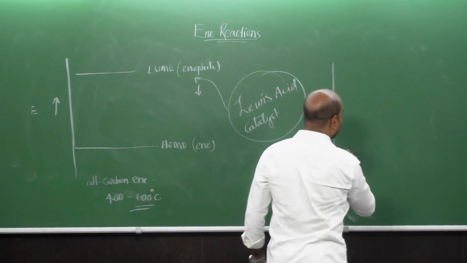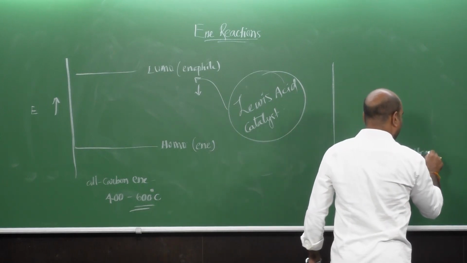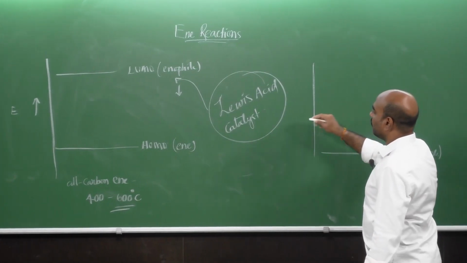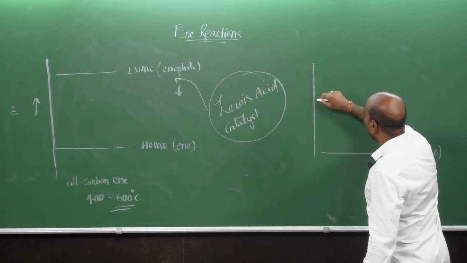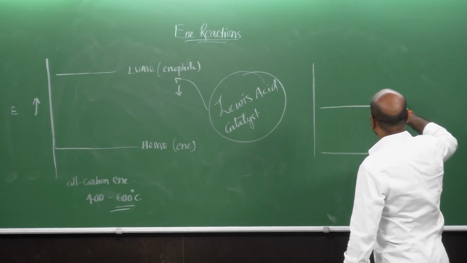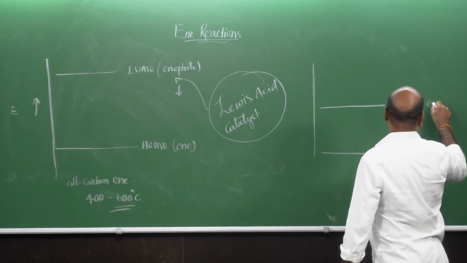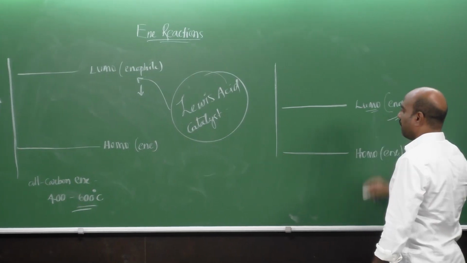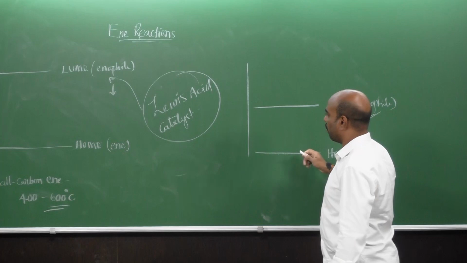It stabilizes the LUMO molecular orbital. This is the HOMO, of course, from the ene component, and when you have the Lewis acid catalyst, the energy of the LUMO decreases. So, it falls around this. So, this is from the enophile, right. So, what has happened now? This is the LUMO and this is the HOMO.